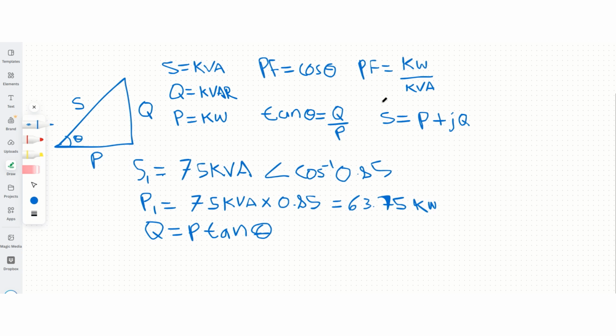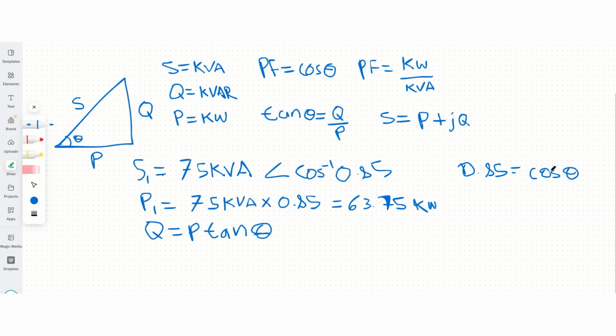So 0.85, which is your power factor, equals cosine of theta.